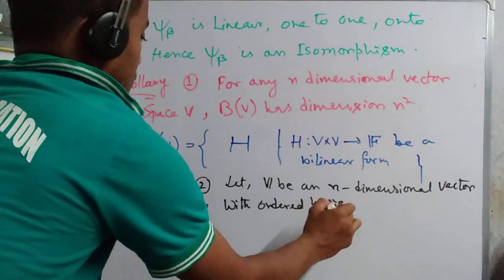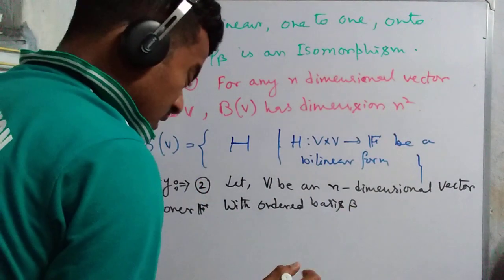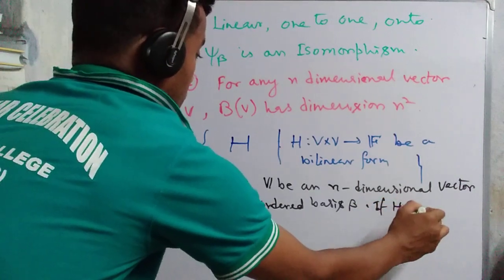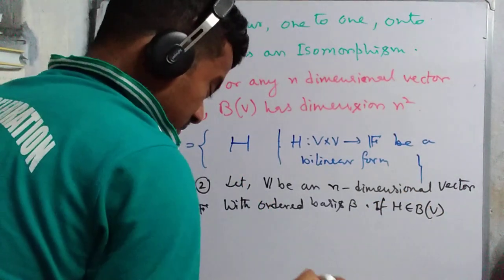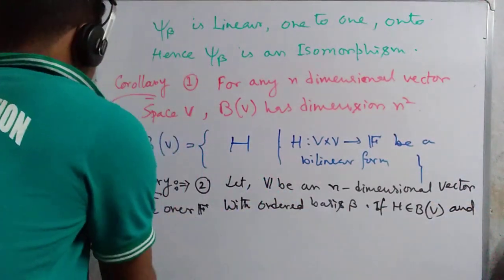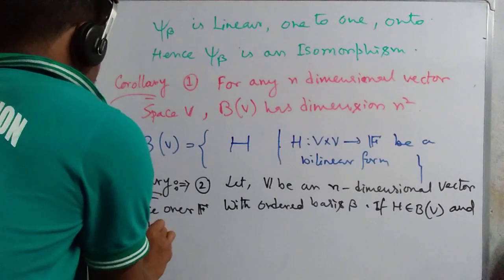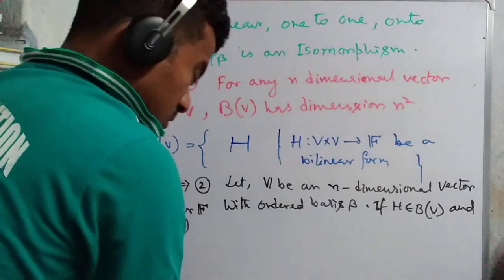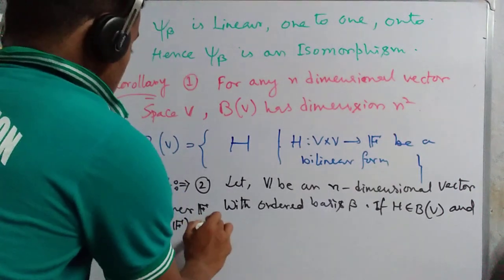If H belongs to BV and A belongs to M n cross n of F, understood?